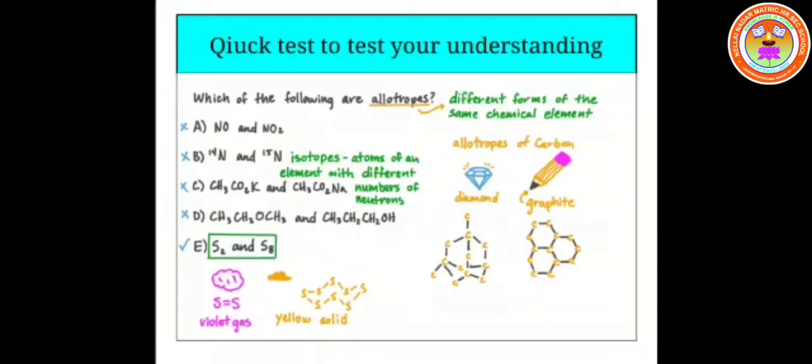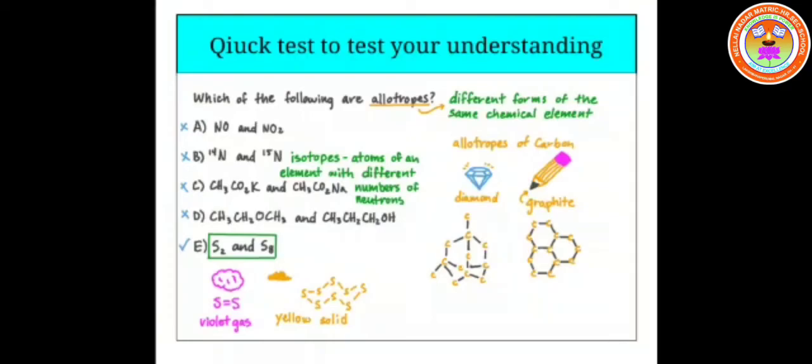Coming to the second option, nitrogen 14 and 15. What are they? They are isotopes. Atoms of the same element with the same atomic number and different mass numbers are called isotopes. So nitrogen 14 and nitrogen 15 are isotopes.